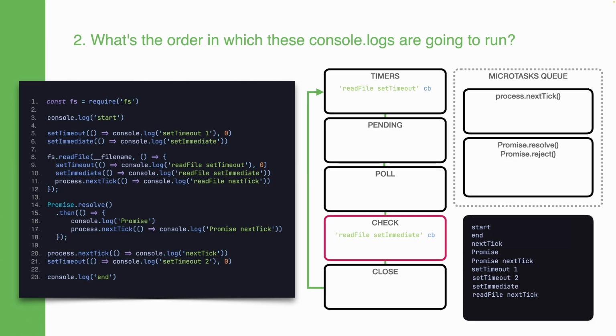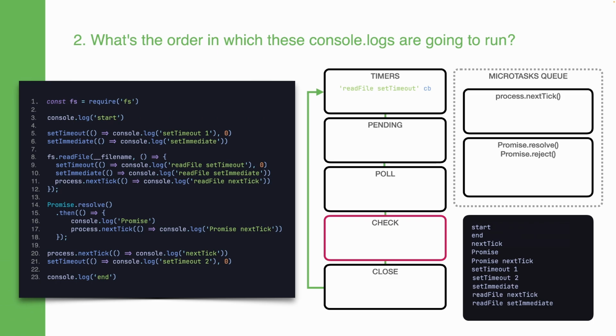When the two calls occur within an I/O cycle, such as within the fs.readFile callback, the setImmediate callback is always executed first. So, as expected, read file setImmediate gets logged to the console.